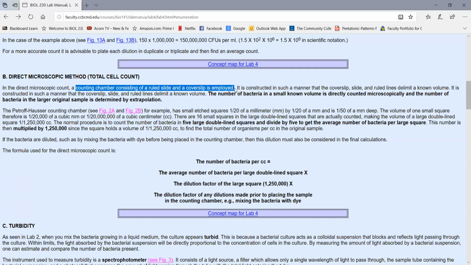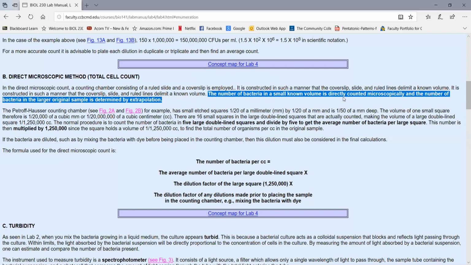And so when you look through the microscope, the ruled lines create little squares that have a known volume in them. So the concept behind the direct microscopic method is that the number of bacteria in a small known volume is directly counted microscopically.